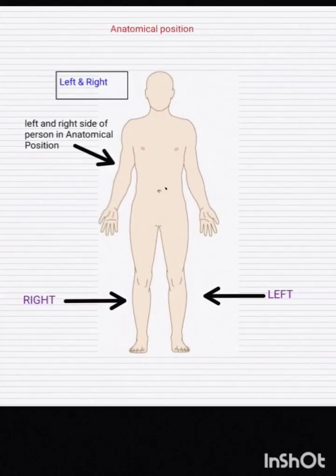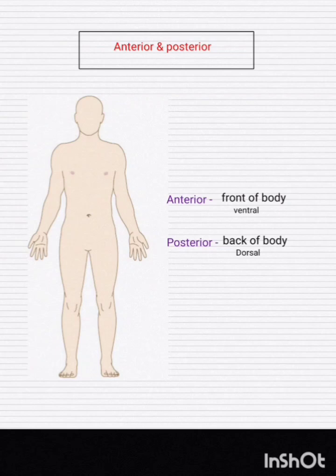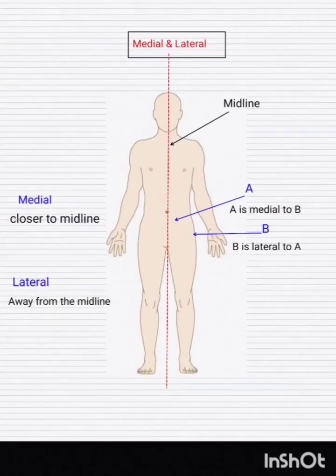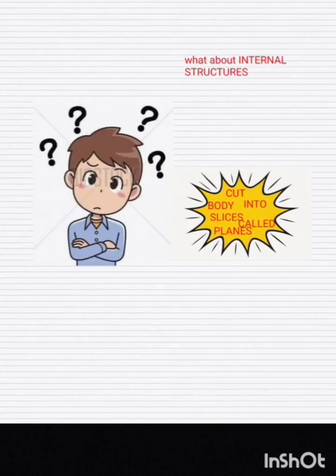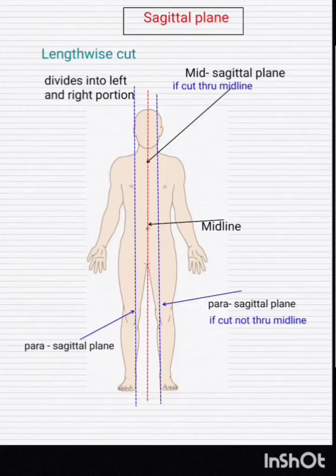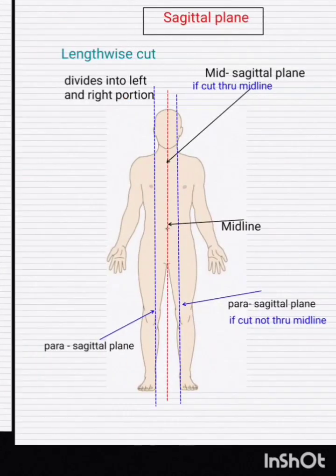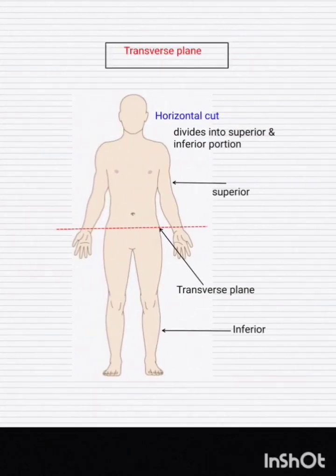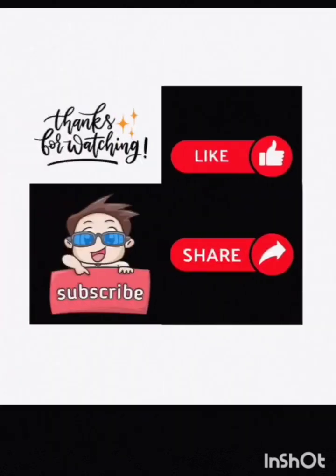And next are the directional terms, that is left and right, anterior and posterior, superior and inferior, proximal and distal, medial and lateral. And to learn about the internal structures, we talked about the planes. Three major planes: sagittal, coronal or frontal, and transverse. One additional plane, that is the oblique plane. Sagittal plane, lengthwise cut; frontal plane, sidewise cut; transverse plane, horizontal cut; and finally the oblique plane.